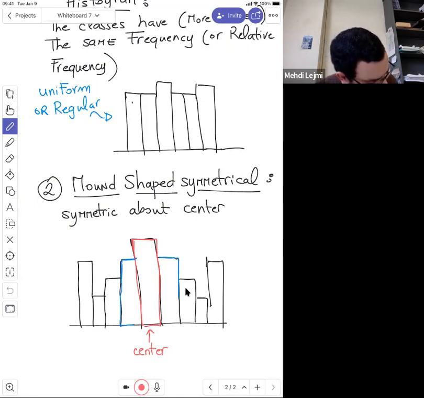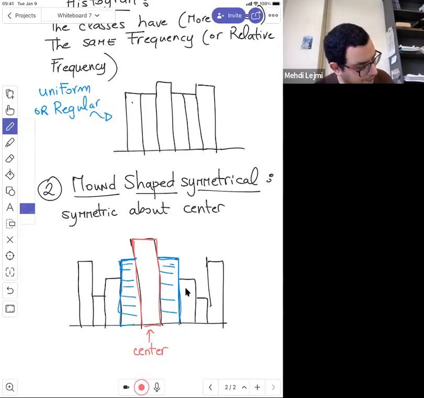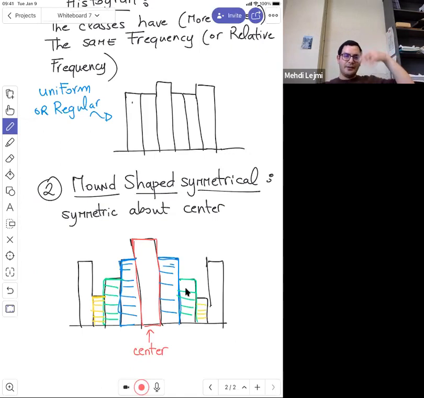These two blue classes have the same height, these two green classes have the same height, and these two yellow classes have the same height, etc. So the center is the mirror for your histogram.